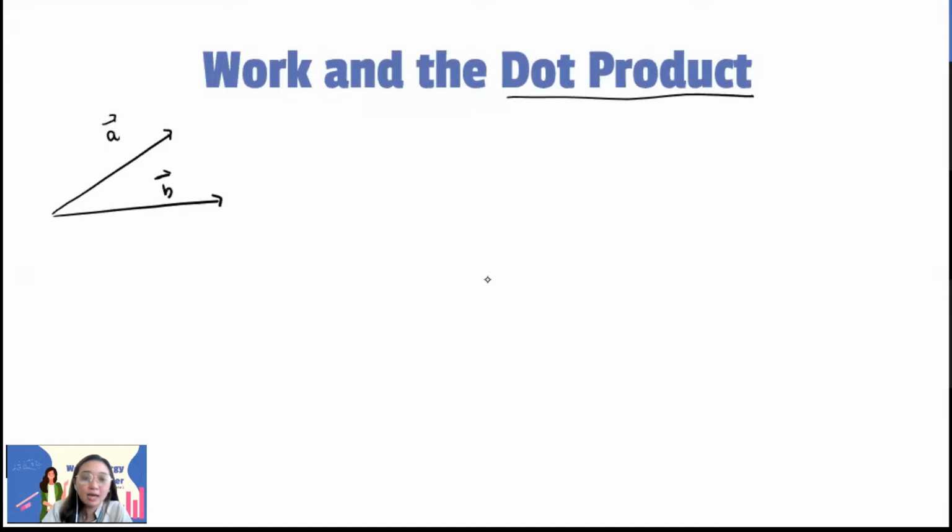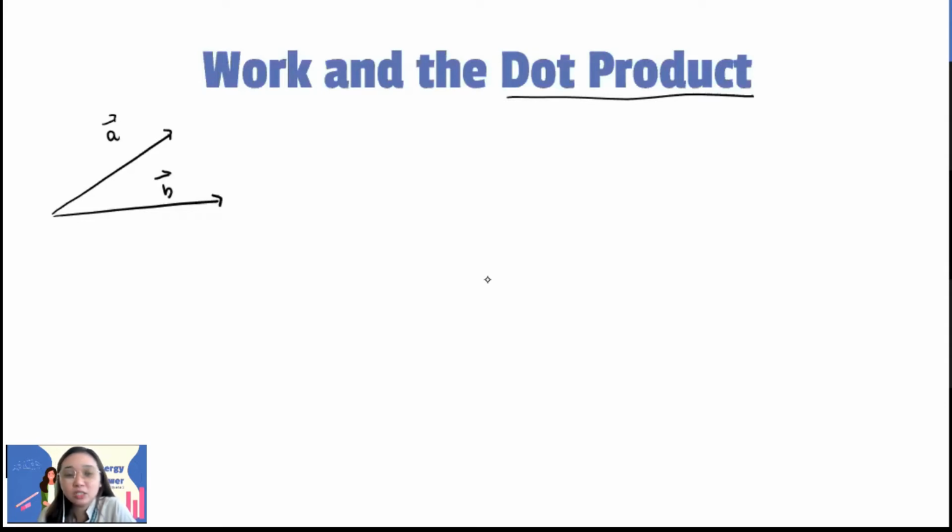So, ano ang relationship or ano yung effect ni vector A kay vector B? And ano yung effect ni vector B kay vector A? Okay? In that matter, kapag kukunin mo yung effect of one vector to another or the projection of one vector to another, we apply dot product. Okay?